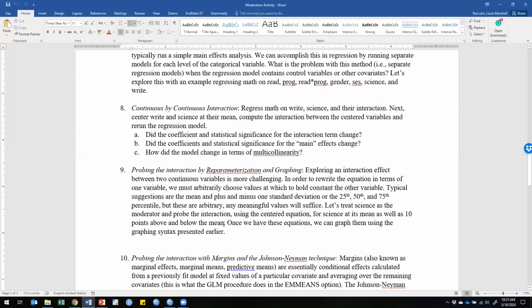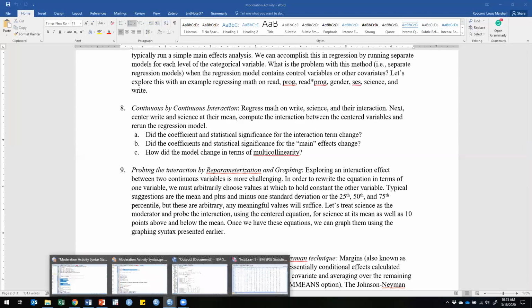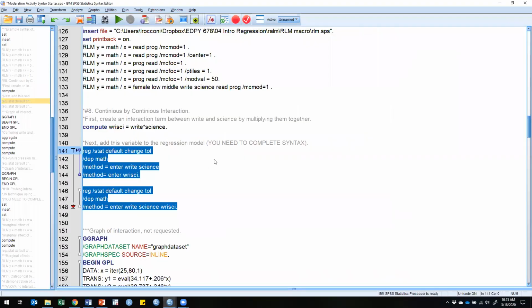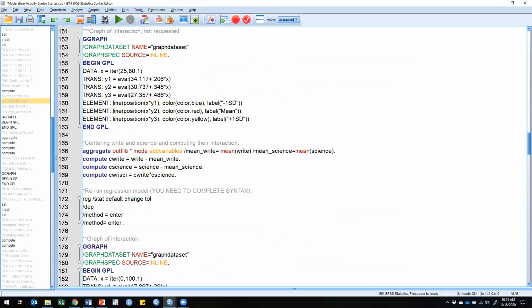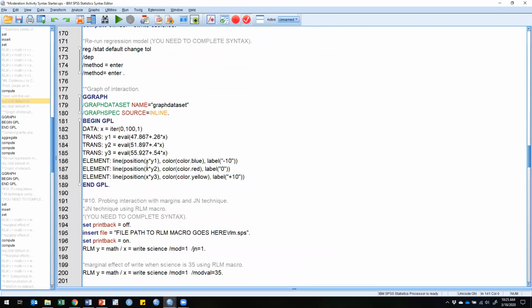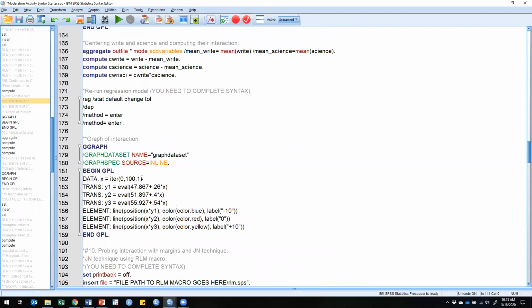I think that's the mean plus and minus one standard deviation. And you can follow along in the syntax here for centering the variables and graphing them in order to rewrite.